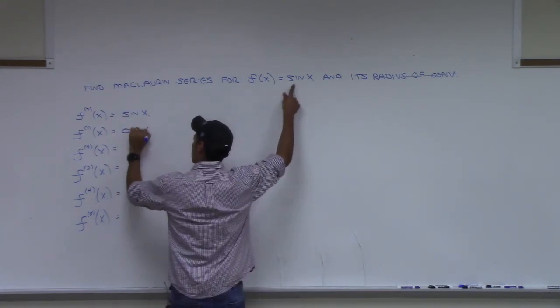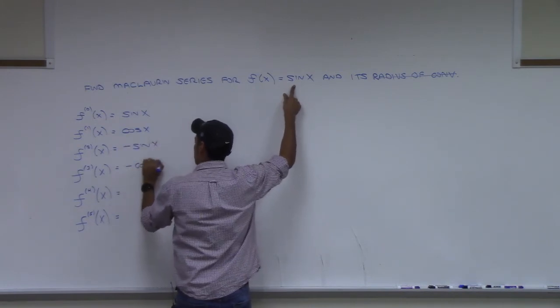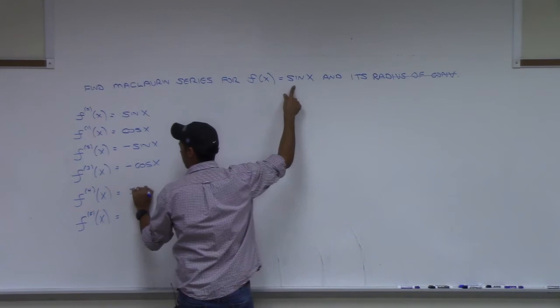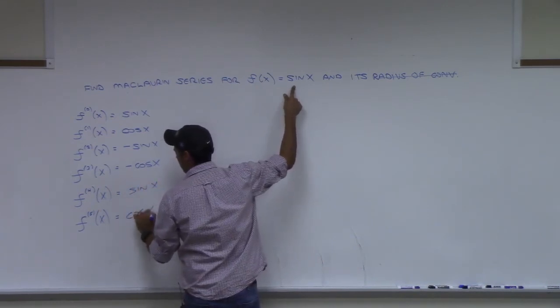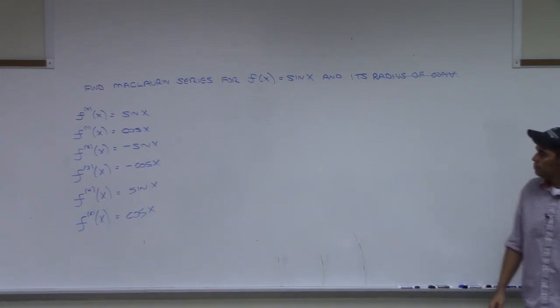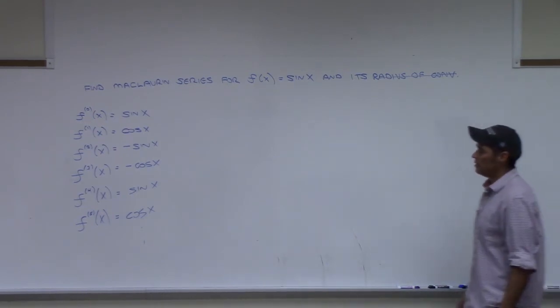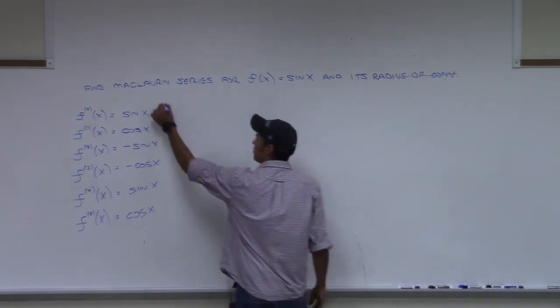Cosine x, negative sine x, negative cosine x. Then sine x, cosine x, and it's going to start repeating itself, isn't it? Sine, cosine, negative sine, negative cosine. So those are just my derivatives.